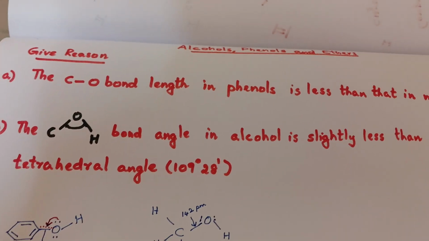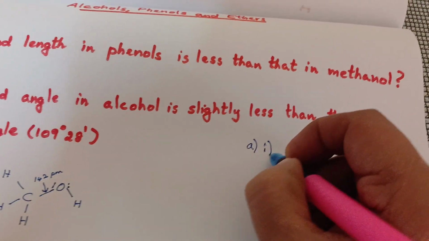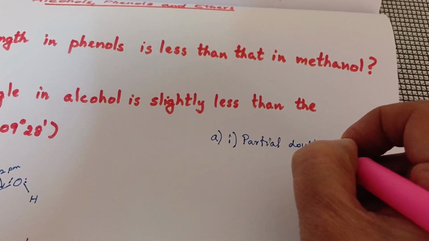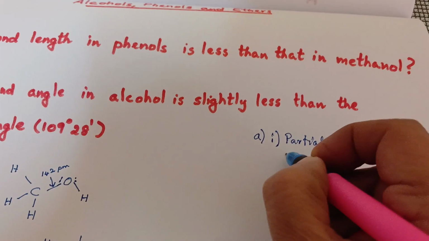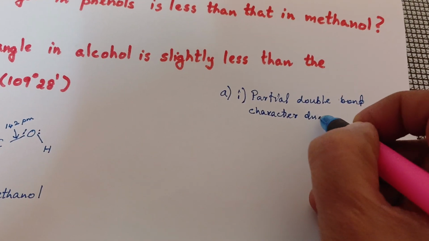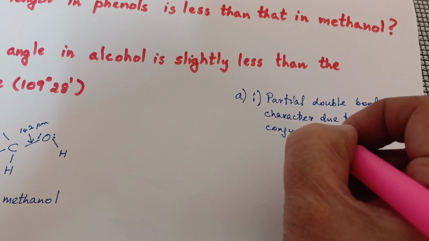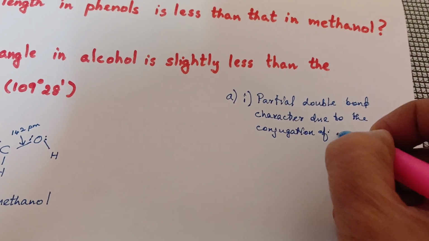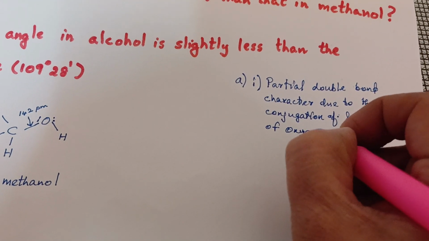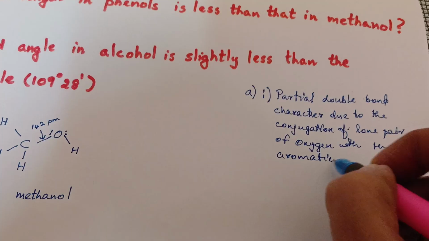So the first reason can be given as, this is for A. The first point is partial double bond character due to the conjugation of lone pair of oxygen with the aromatic ring.